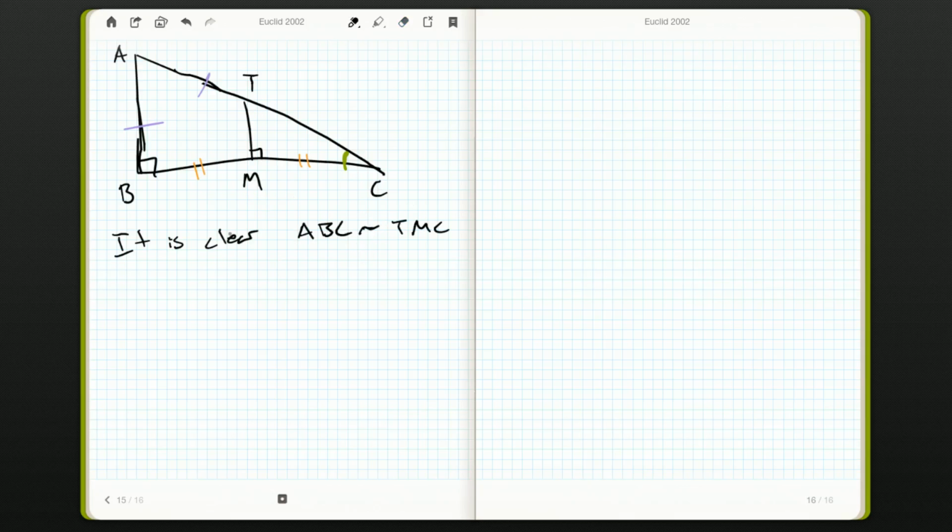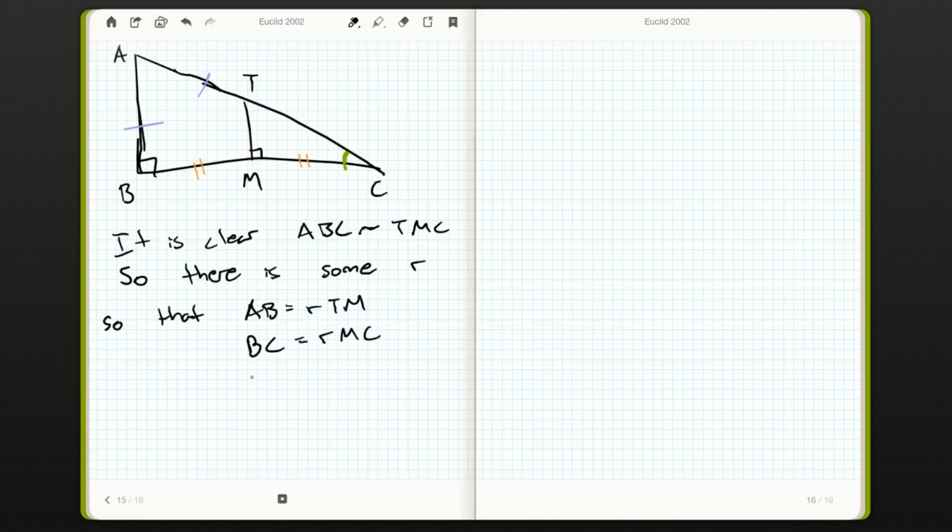Doubling, tripling, so there's some ratio R. So that, let's see, AB is equal to R times TM. BC is R times MC, the corresponding side, and AC is R times TC. There's some R, and it solves all these equations, and in particular, it solves this one right here.